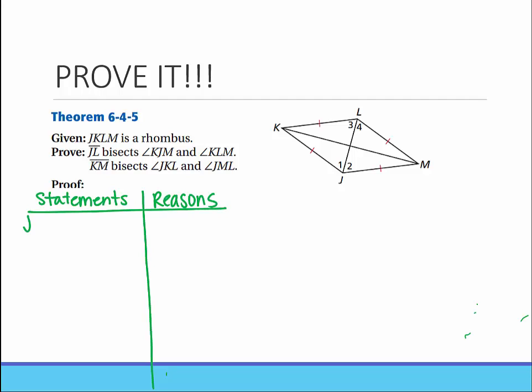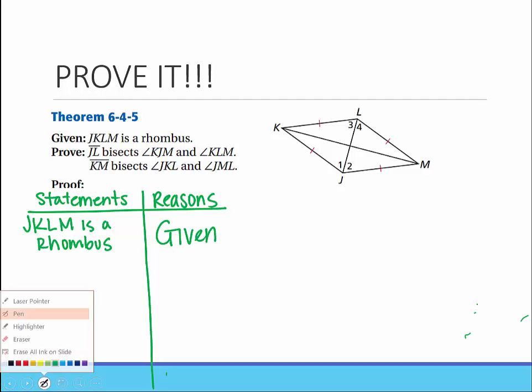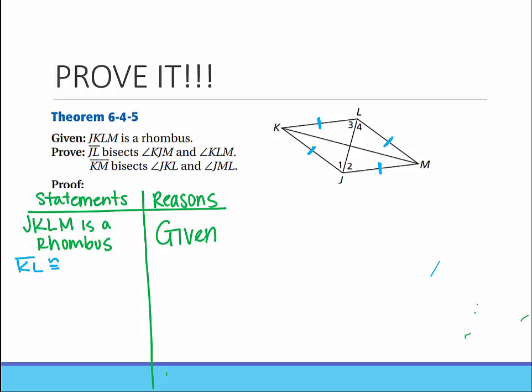So we know JKLM is a rhombus. So the only thing that we know when somebody tells us we have a rhombus is that all the sides are congruent. So I know that KL is congruent to LM, is congruent to MJ, is congruent to KJ.